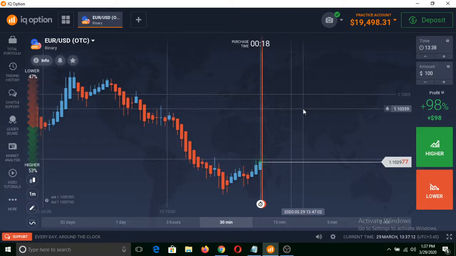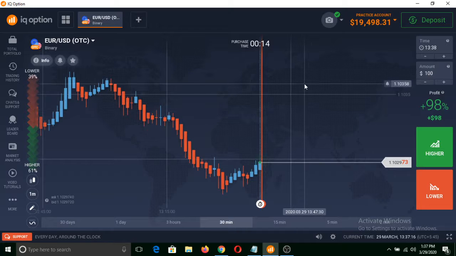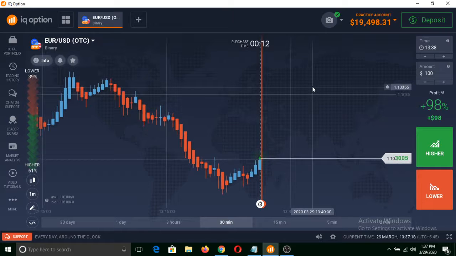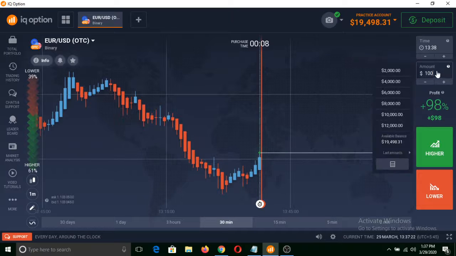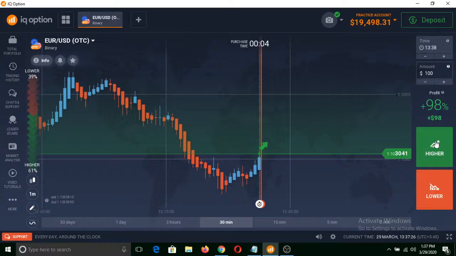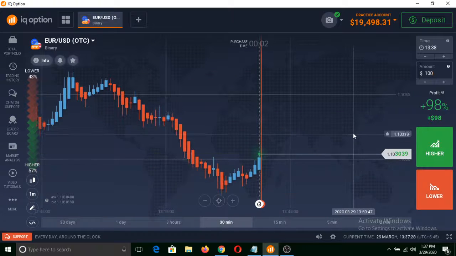To understand binary options properly, you need to select the expiration time first, decide the investment amount second, and thirdly click on higher or lower.